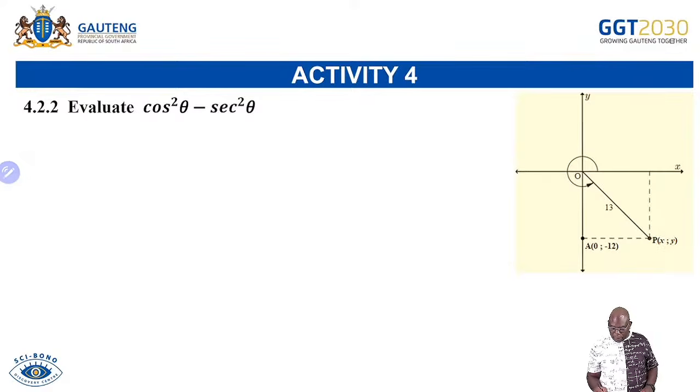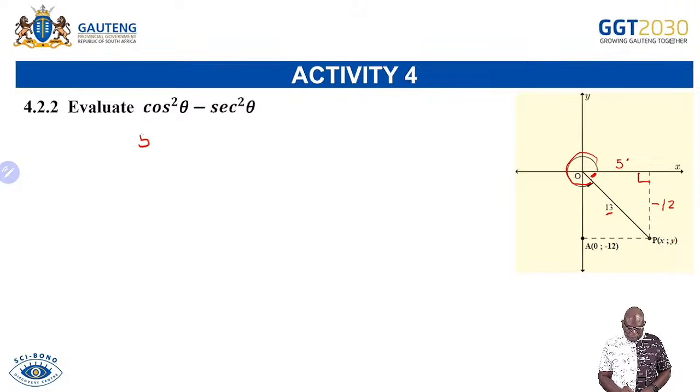Now here I know I've got a 13, I've got a 5, I've got a negative 12, for the right angle triangle. I've got my angle which is in the fourth quadrant. Now, evaluate cos squared theta minus sec squared of theta. So the cos of theta, cos will be adjacent over hypotenuse.